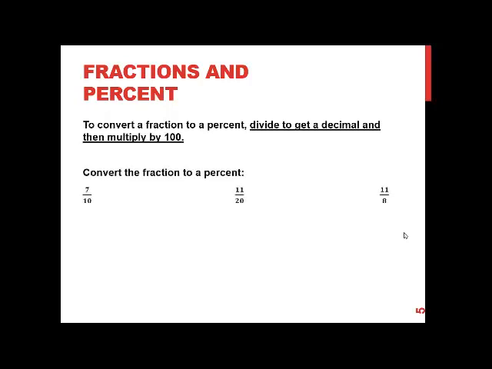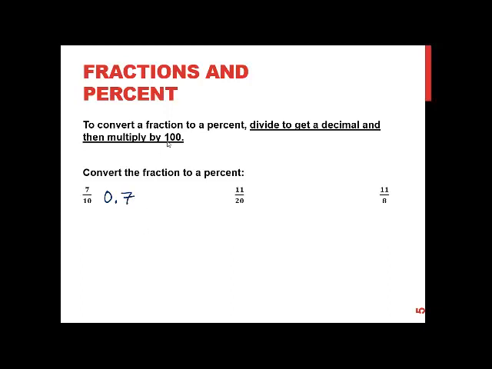Now, to convert from a fraction to a percent, we're going to use the same technique we did in fractions and decimals, and that is we're going to do the division, 7 divided by 10, and then we'll multiply that by 100 by moving our decimal over 2 spaces. So 7 divided by 10 is 0.7.